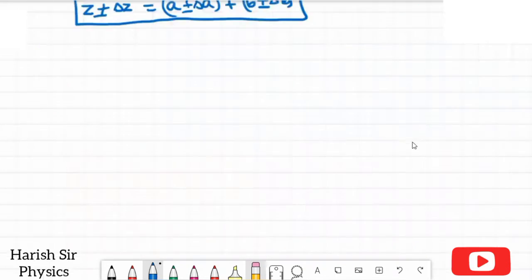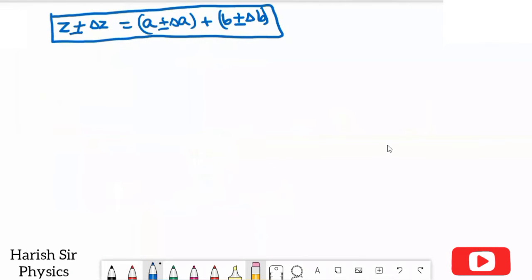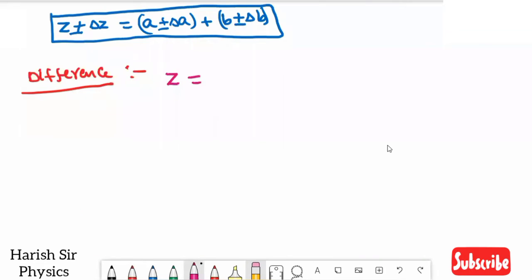If you take a subtraction, otherwise difference, for the true values Z is equal to A minus B. Here, remember, the maximum possible error: error will always be added.